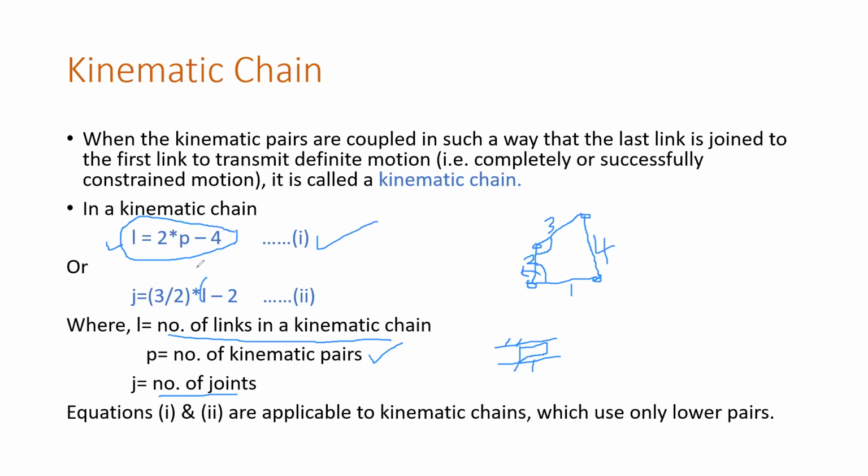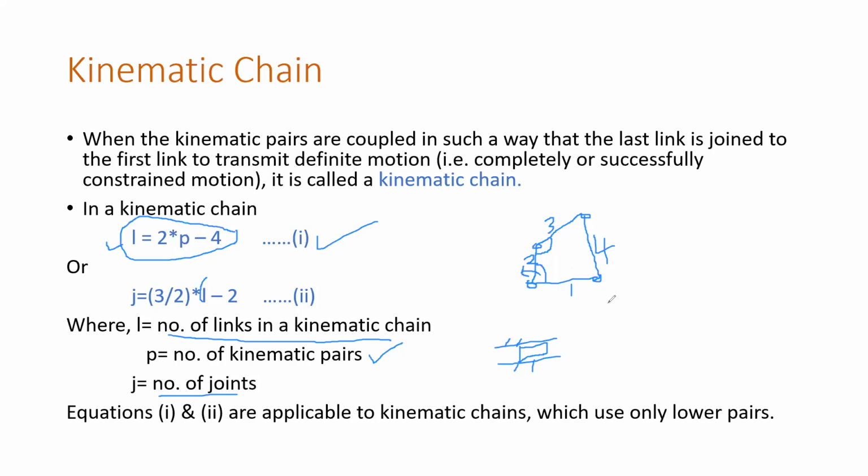To form a kinematic pair, two links must have contact. For example, here link 1 and link 3 do not have any direct contact between them, so I can't say that links 1 and 3 form a kinematic pair.